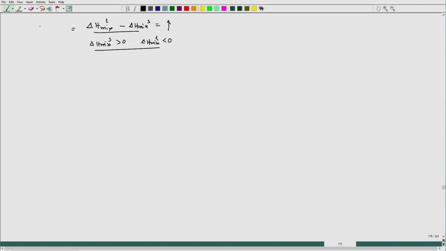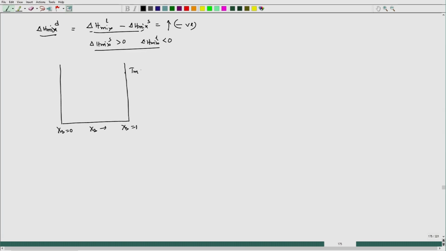Let us say this difference is del H mix D, D meaning difference, and this will always be negative. You see this is negative and this is positive, so there is a negative sign, and this will be negative. Now, if I have that, you will see a situation like this. Let me put some arbitrary values, then you would understand. X b equal to 1, X b equal to 0.